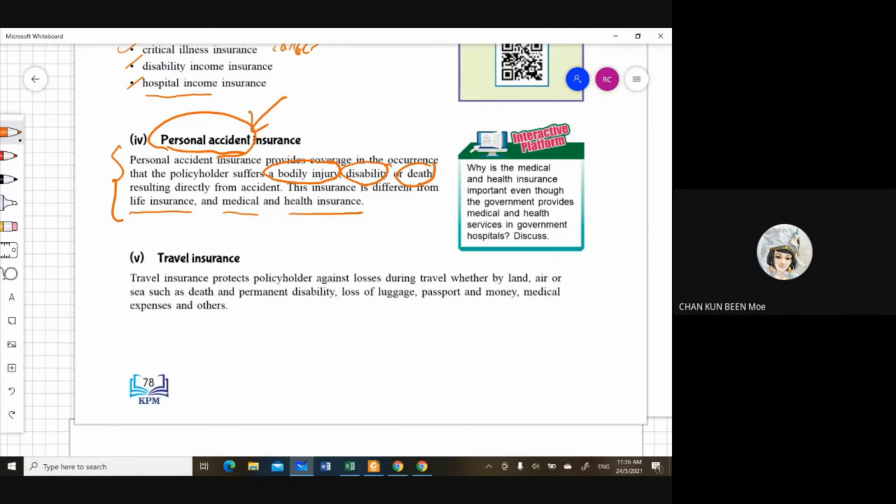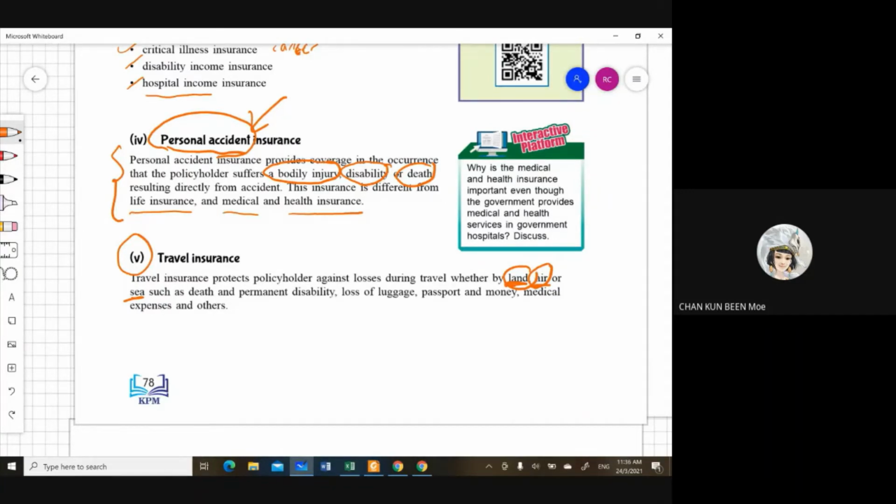And then lastly, we have the travel insurance. Travel insurance covers 3 types, which is by land, by air, or sea. If you travel by air, for example if you use AirAsia, we have the Tune insurance. If you travel by land, we also have travel insurance, for example if you travel using the traveling bus that brings you around for vacation.